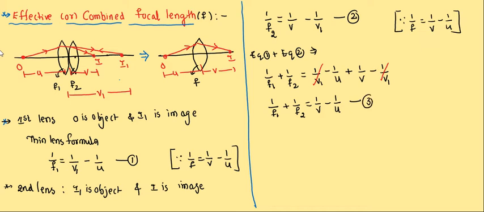Now suppose the two lenses act as one lens, and its focal length we consider as f.